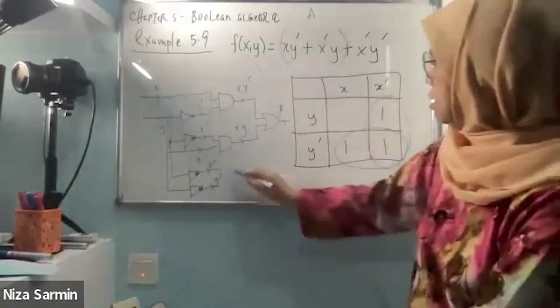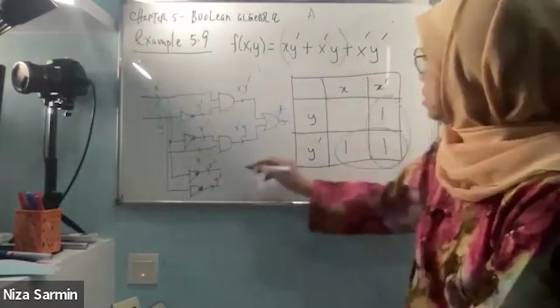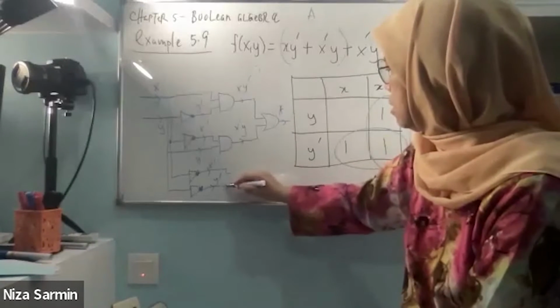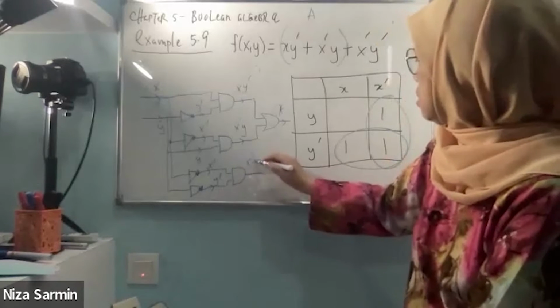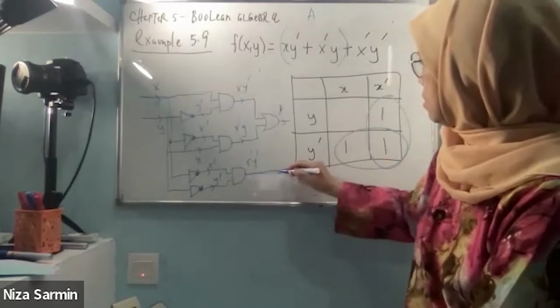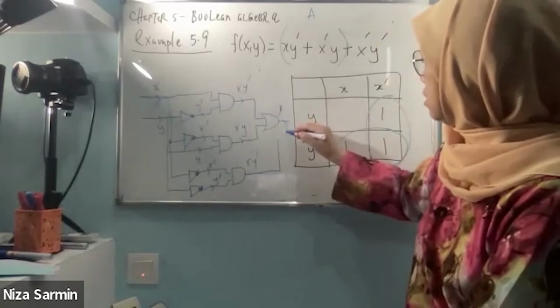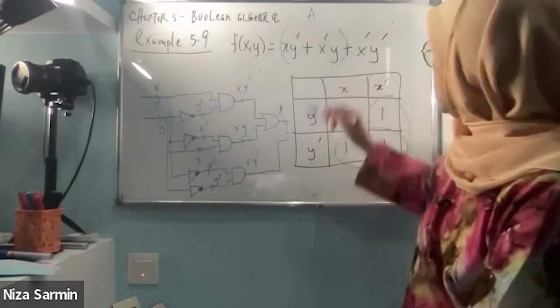Okay, then you have the multiply again. So this is X prime, Y prime. And then you do this together, right? And you get the last one.